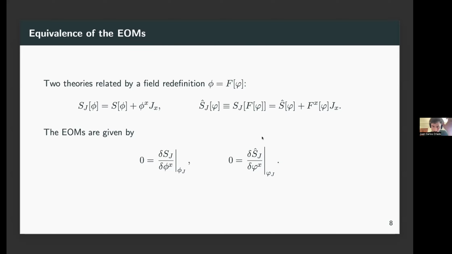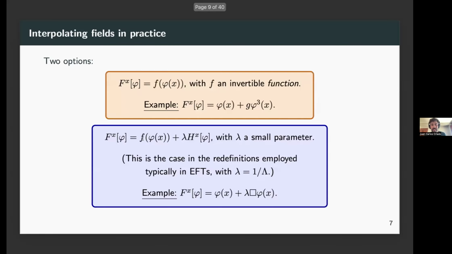And in that case, you need to introduce ghosts in the theory to take into account this determinant. In practice, if you have a redefinition of this kind, so a perturbative one, and you use dimensional regularization, then all those ghosts decouple and the determinant is not relevant. That's in that particular case.